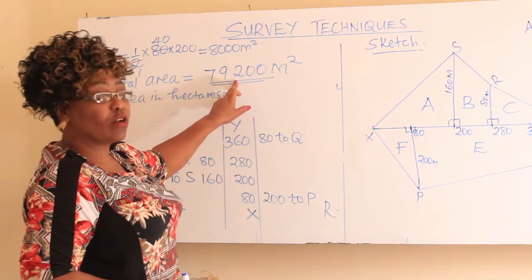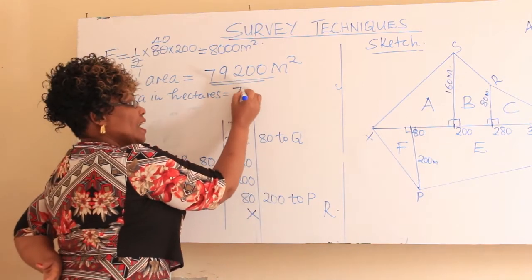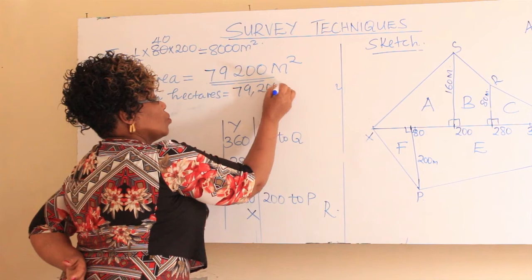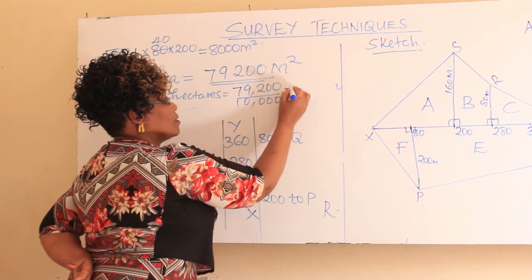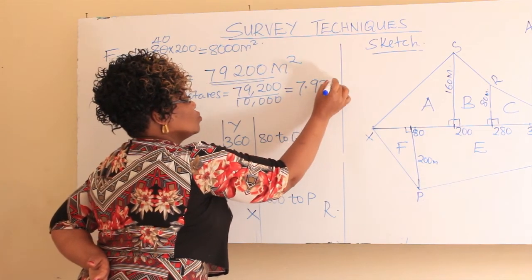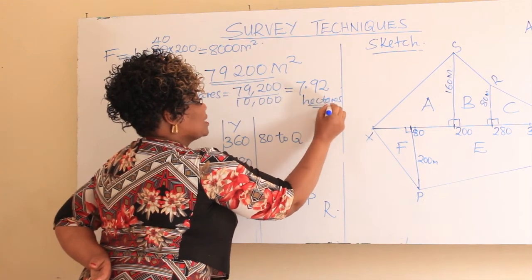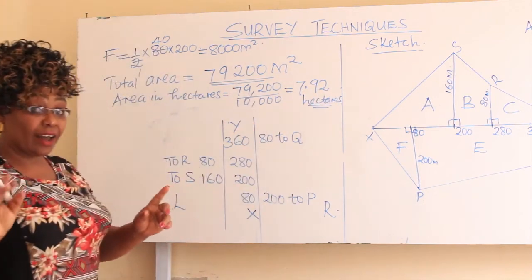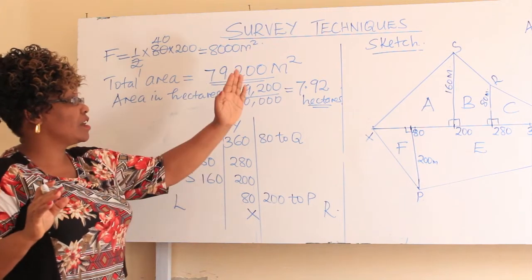And therefore, to convert these into hectares, we do what? We divide by 10,000. Therefore, you should end up with 7.92 hectares.